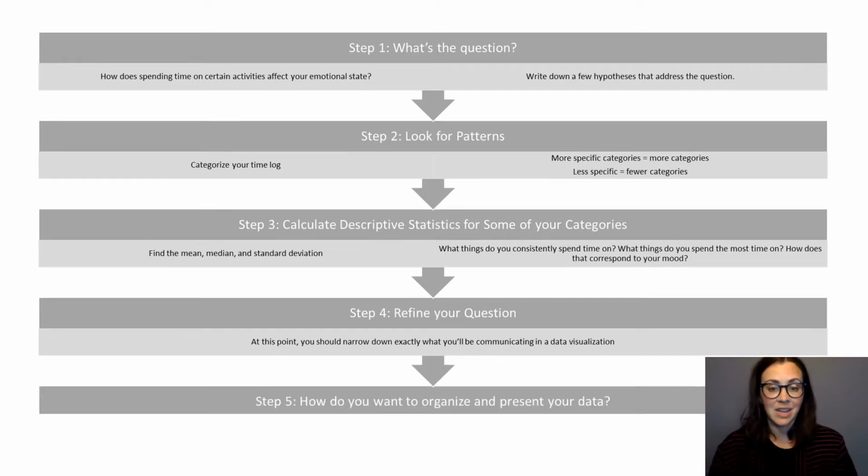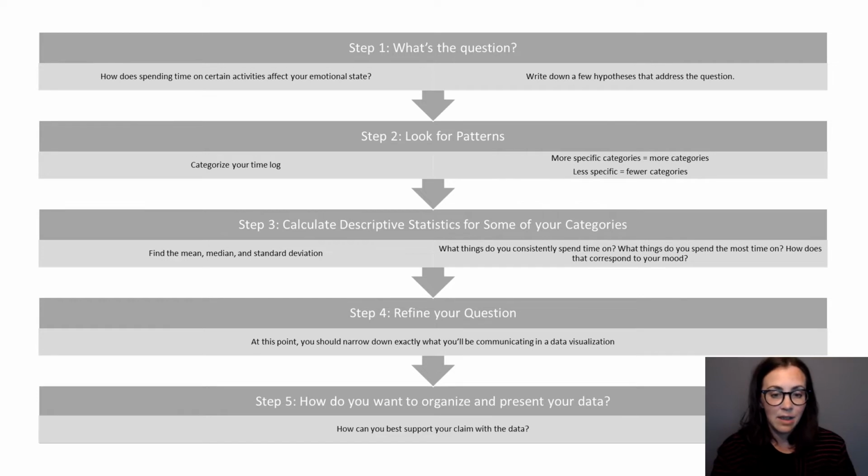So the next question is figuring out how you want to organize and present your data. Chronologically is going to make the most sense for a lot of people, but we're going to go through a couple examples from the Dear Data project where they organize their data different ways. But you want this to best communicate that answer to that question.